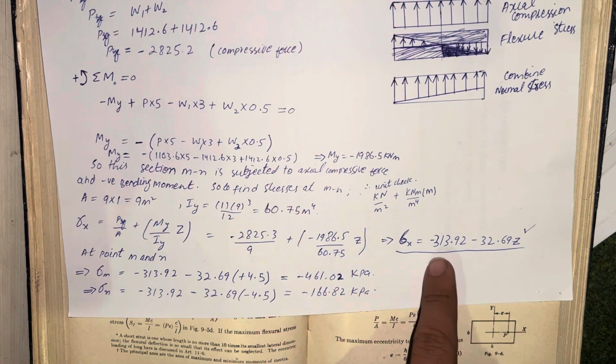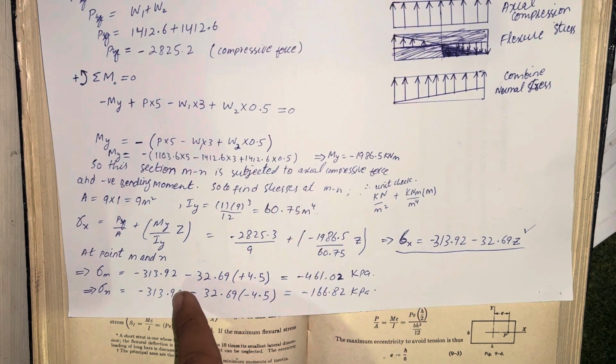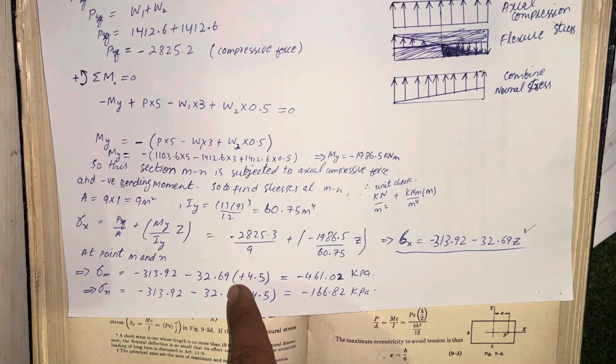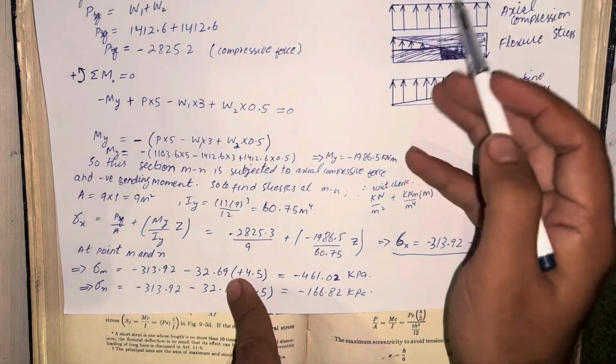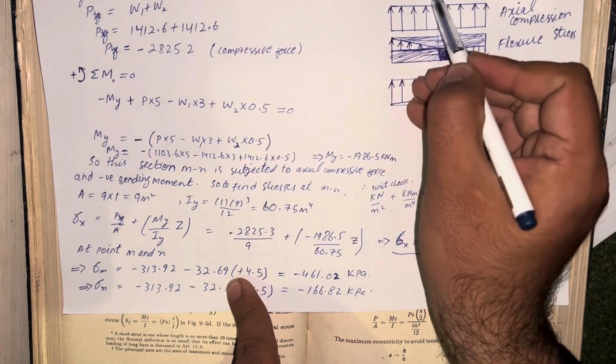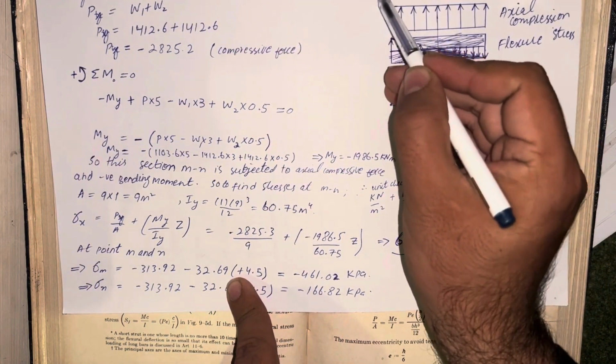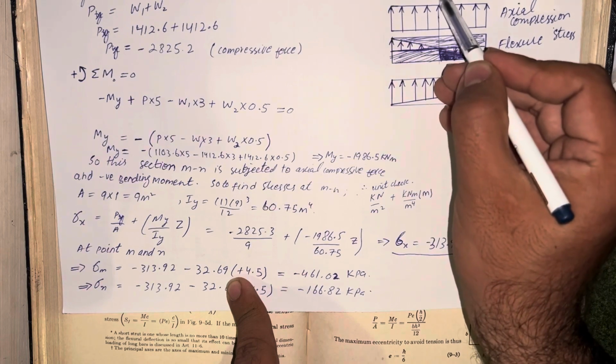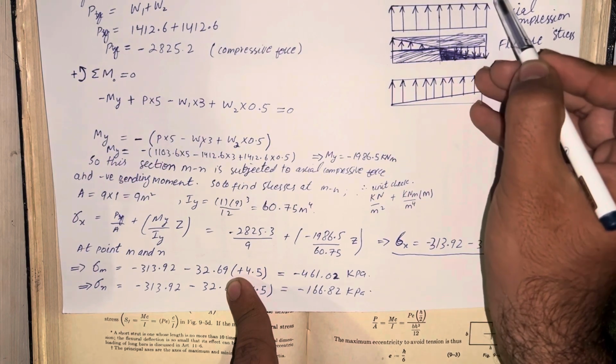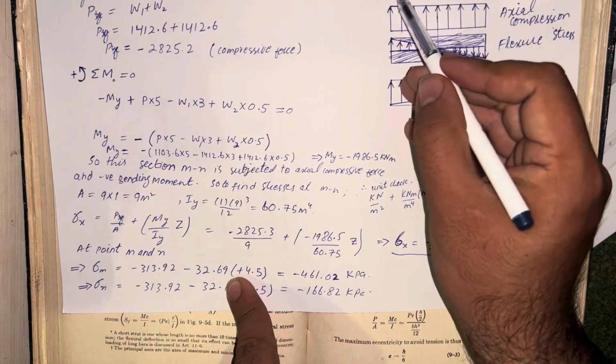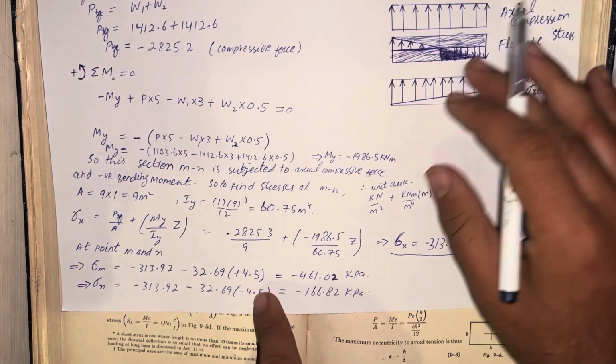So in this fiber stress equation, to find the stresses at M, just put plus 4.5, because this is the plus z axis, and from this point onward this is the minus z axis. So here put the value plus 4.5.